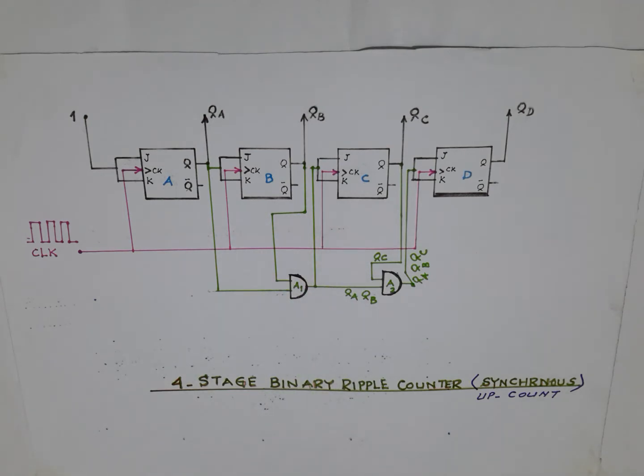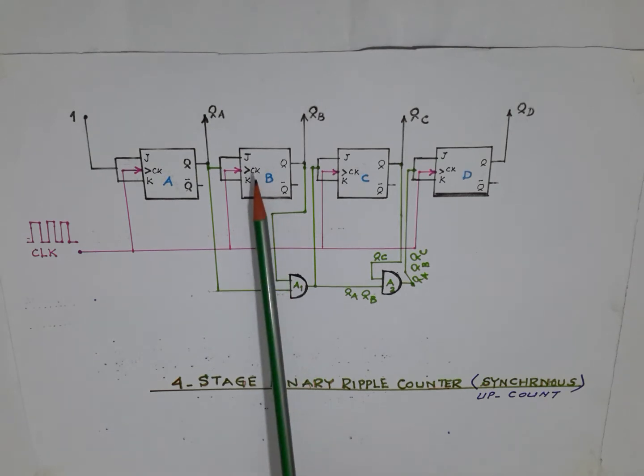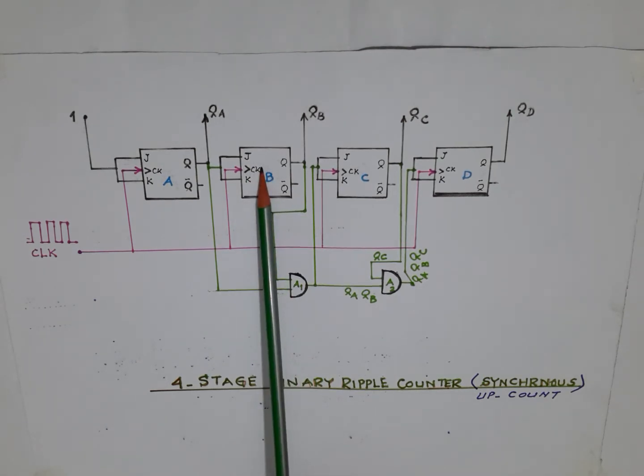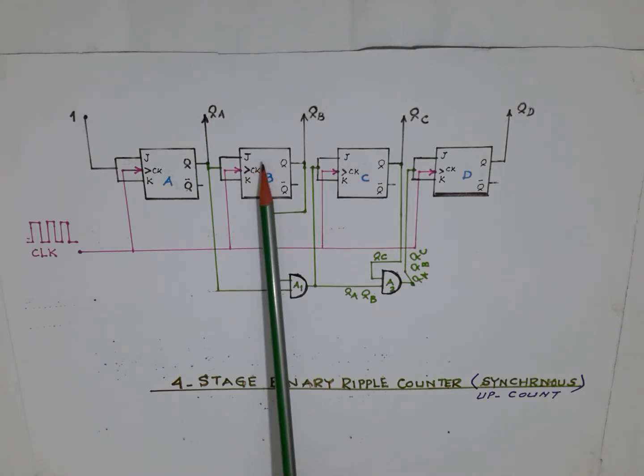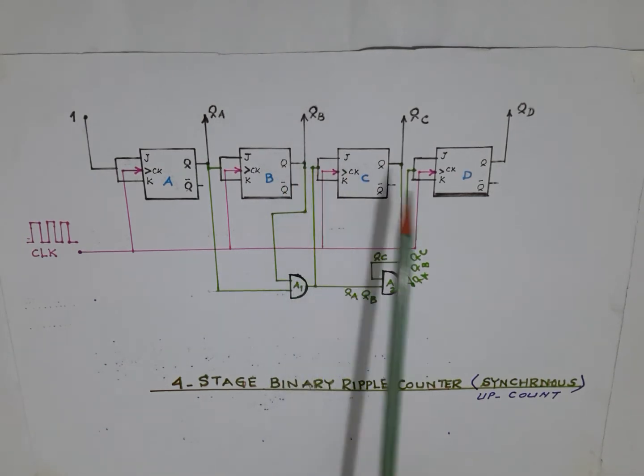Now, the point to note here is that QA toggles for every clock pulse. That means it will toggle 16 times and provide us 8 pulses in the output. B will toggle after every 2 pulses, that is 2, 4, 6, 8, 10, 12, 14, 16, which means it will toggle 8 times and provide us 4 pulses in the output.